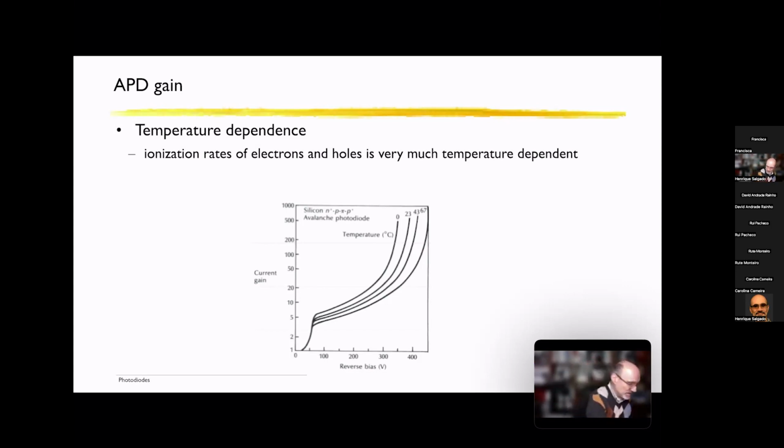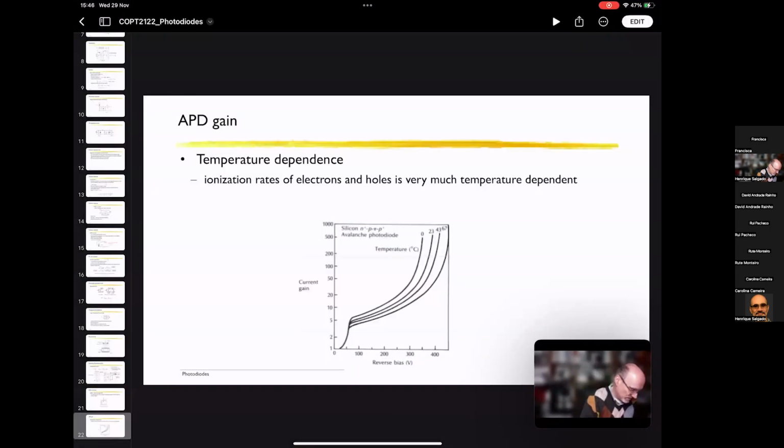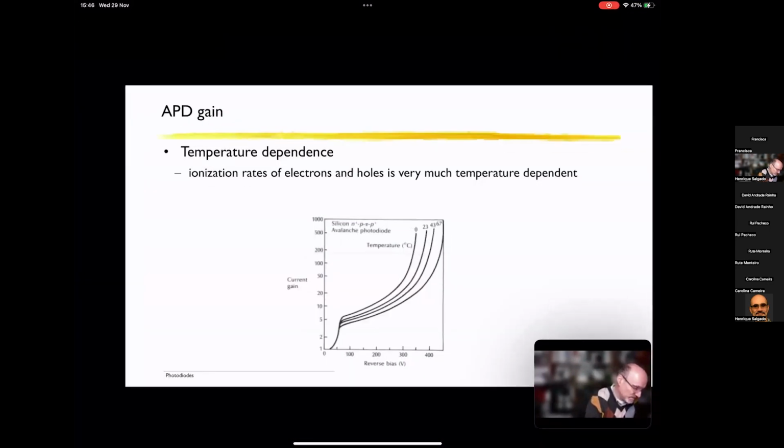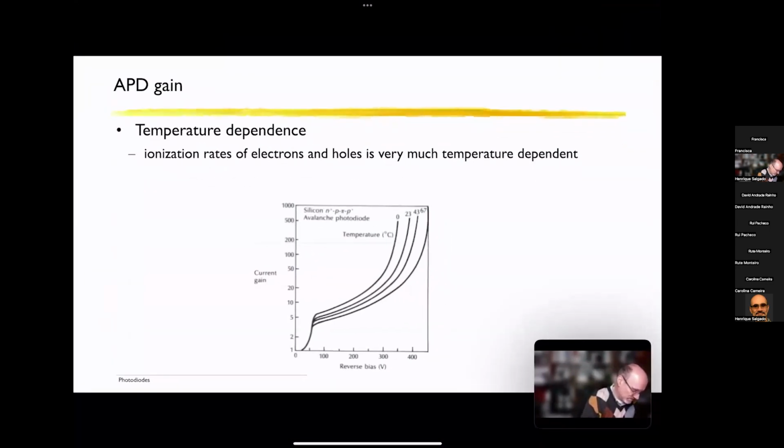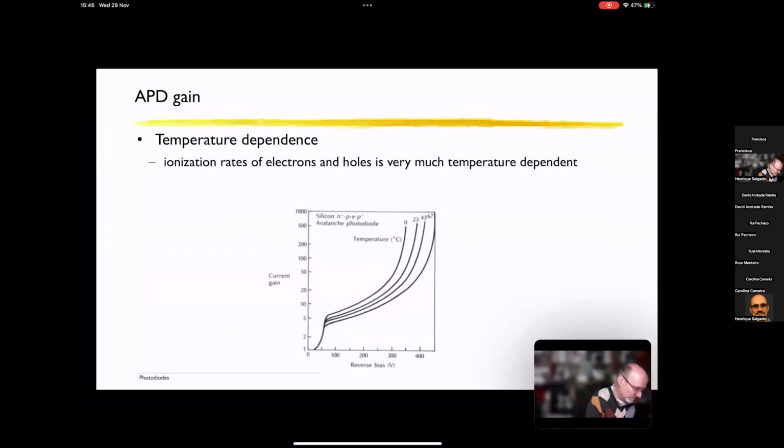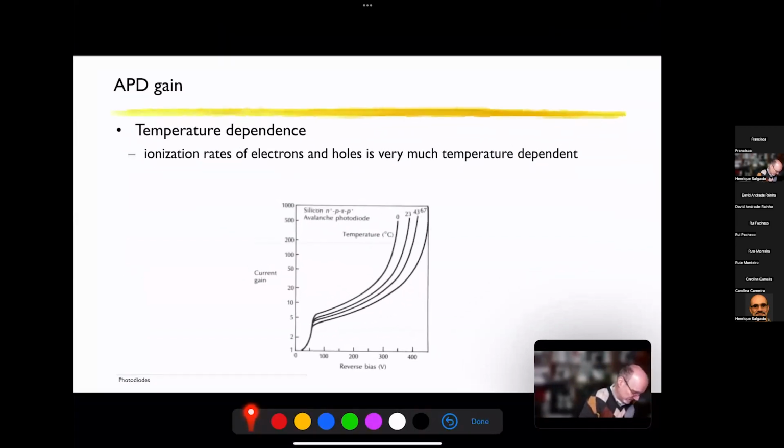Let's see if I can draw something here. For example, if you are operating at 300 volts, like in this region here, if operating at 23 volts, you have a gain of approximately 20.